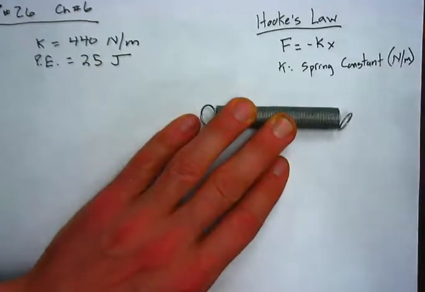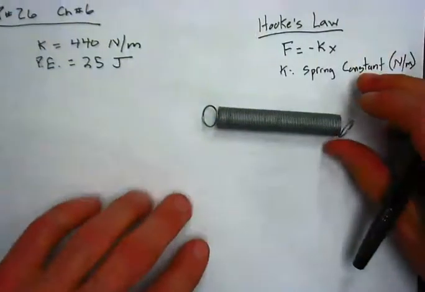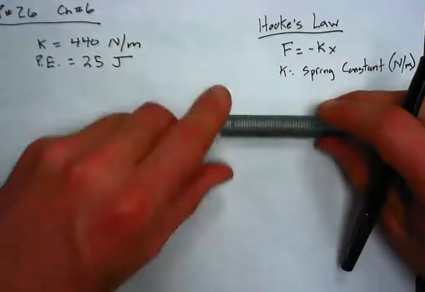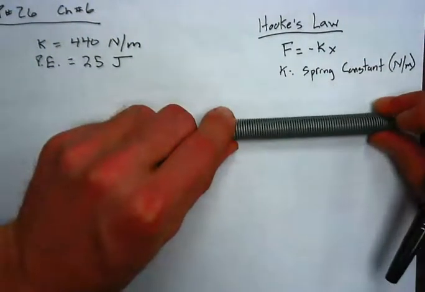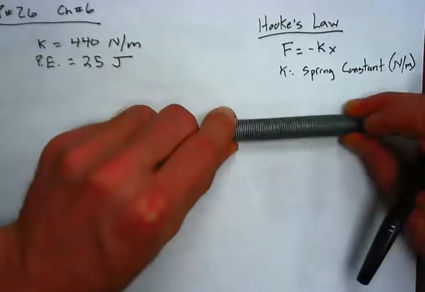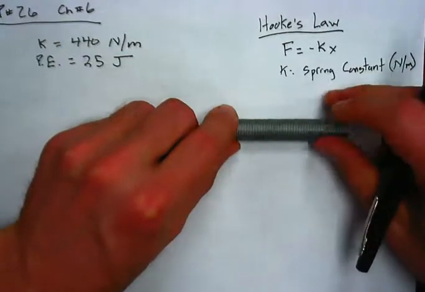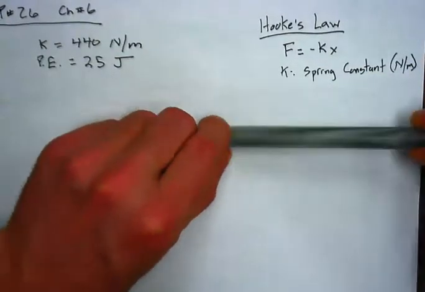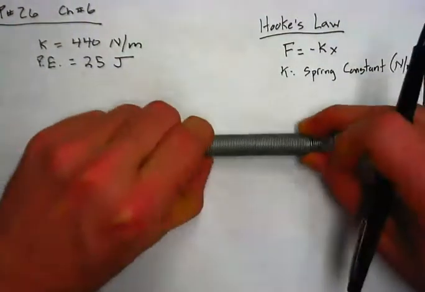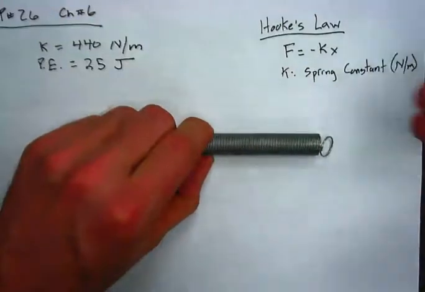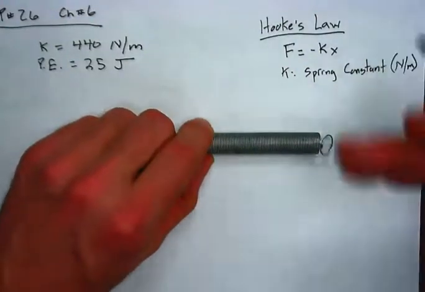For instance, to stretch this spring 1 meter, I would have to pull with a force of 440 newtons. To stretch the spring 2 meters, I would have to pull with a force of 880 newtons, etc.